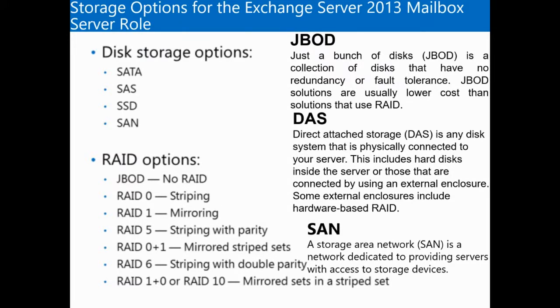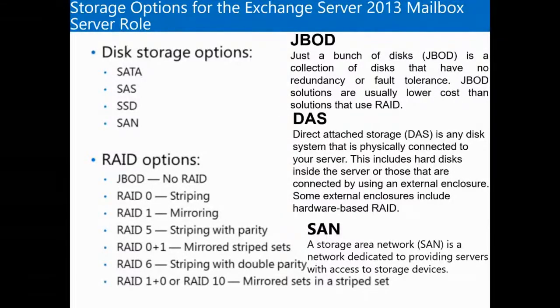However, it offers no fault tolerance. Performance increases as you add more disks. For example, the more disks you have, the more data you can write in real time. You add fault tolerance by using multiple copies of the database on separate RAID sets.